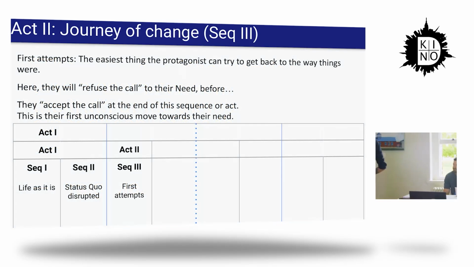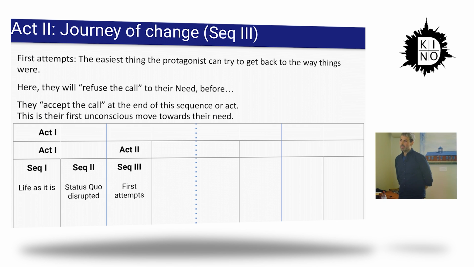Okay, so I'm very quickly just going to talk through what the journey of change looks like. Just in broad strokes, we've got the first stage of the second act, which is also why sometimes we divide the second act into three. If you have a five-act structure, this is why. The first part is the first attempts to solve the problem. This is the easiest thing the protagonist can try to get back to the way things were.